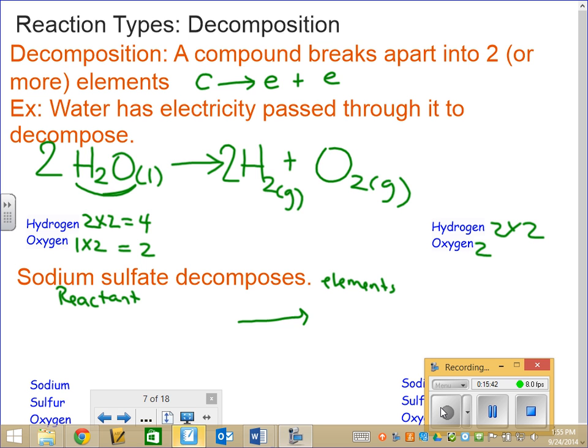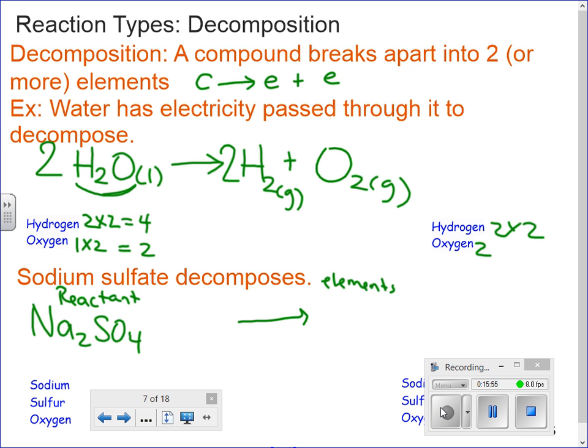A very common mistake that people will make is to not write elements as the products, and I'll show you what I mean. Sodium sulfate is Na2SO4. I know that because sodium is +1 and sulfate is -2. So when I swap and drop, the 2 from sulfate goes next to sodium.